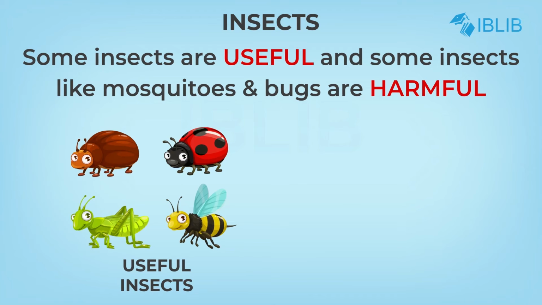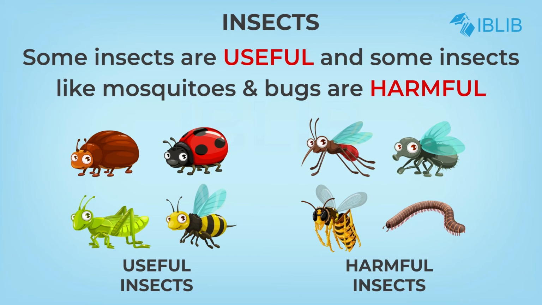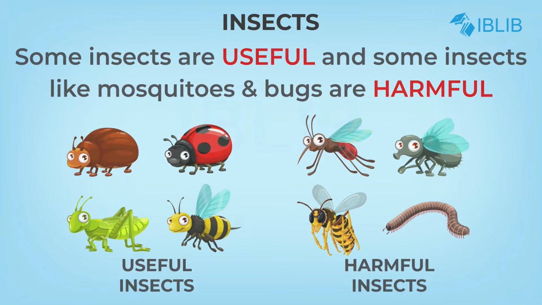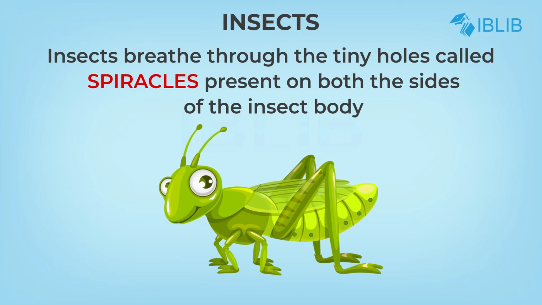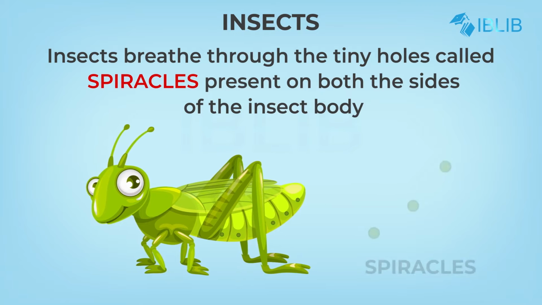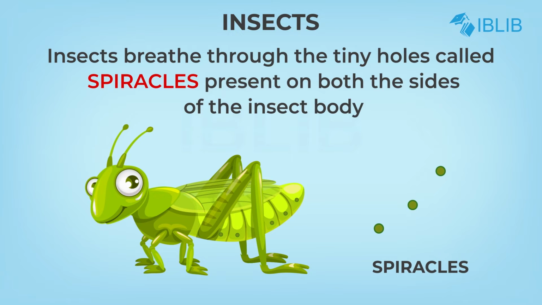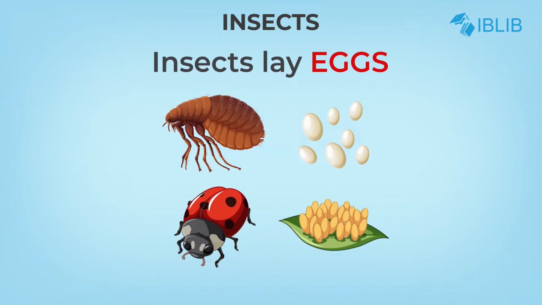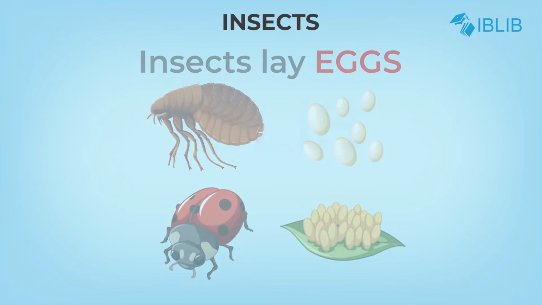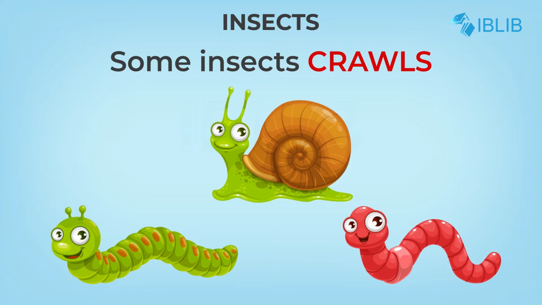Some insects are useful and some insects like mosquitoes and bugs are harmful. Insects breathe through the tiny holes called spiracles present on both the sides of the body. Insects lay eggs while some insects crawl.